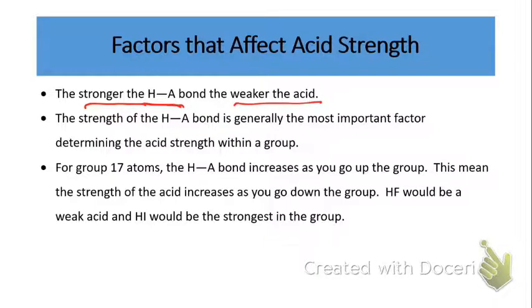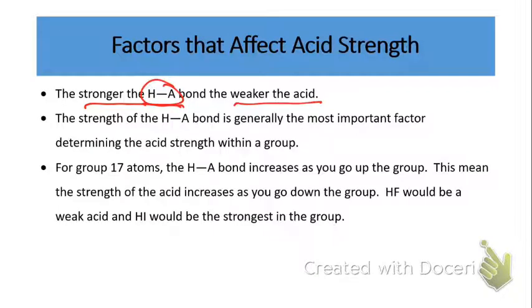And that should make sense to you, because if this is a really strong bond between the H and the A, it's going to hold on to the H very tightly, and it's going to be very hard for it to ionize. The conjugate base just isn't going to let it go very easily. So that strength is very important there.